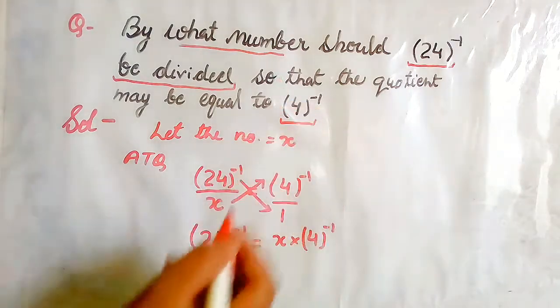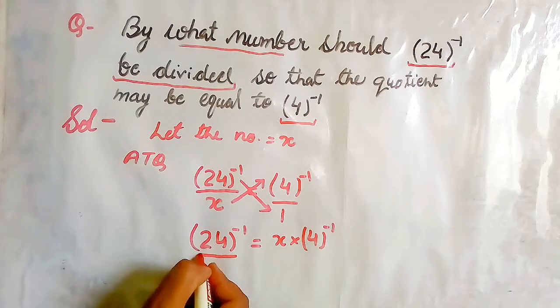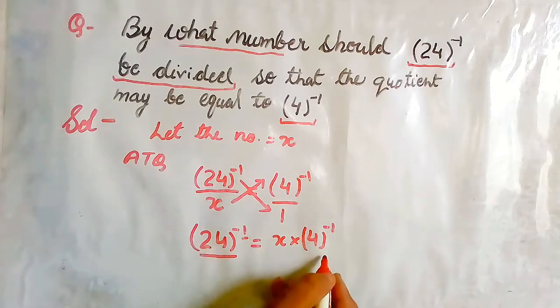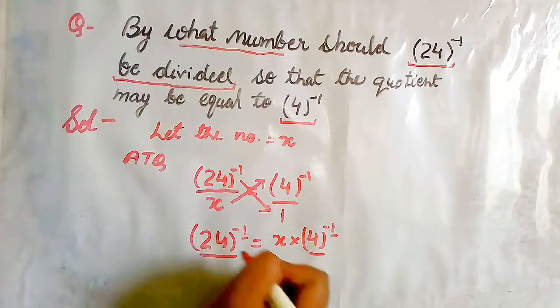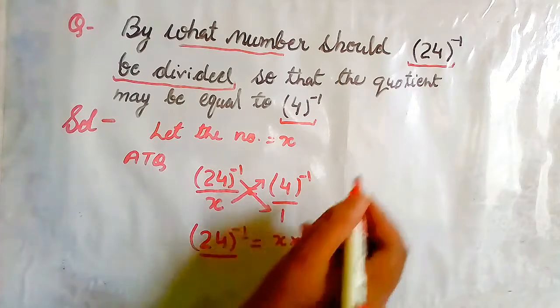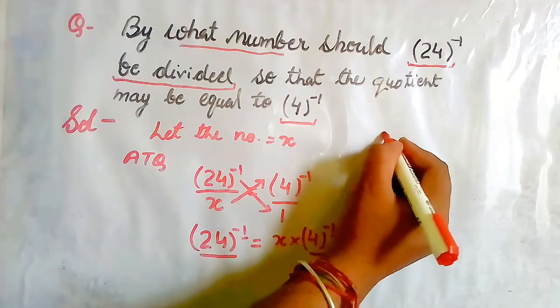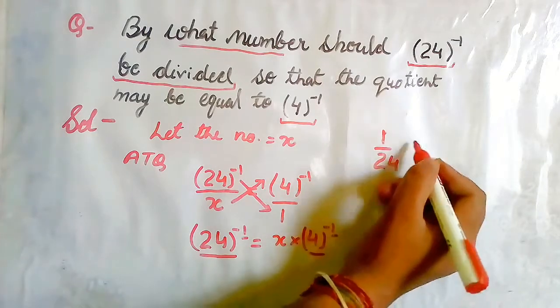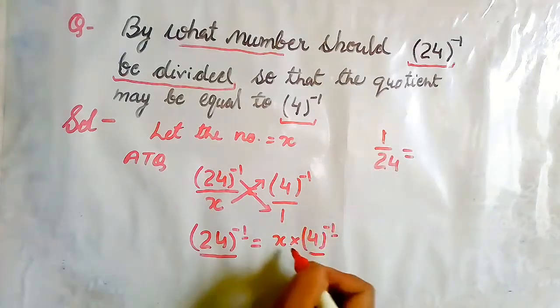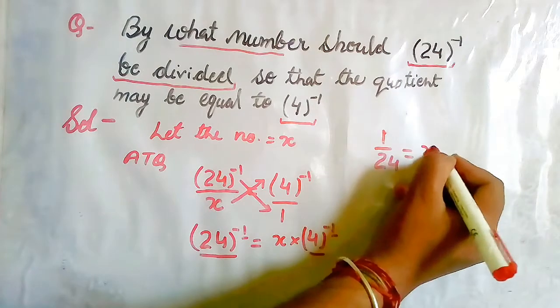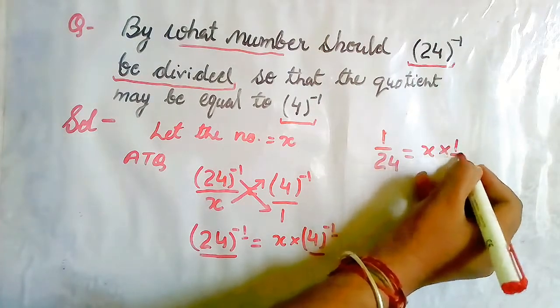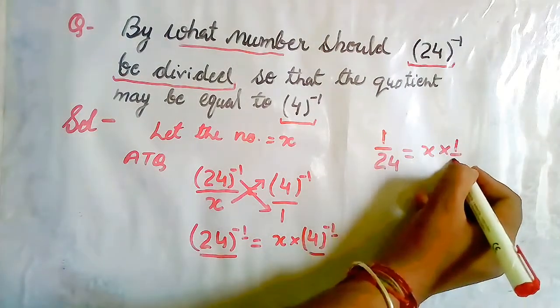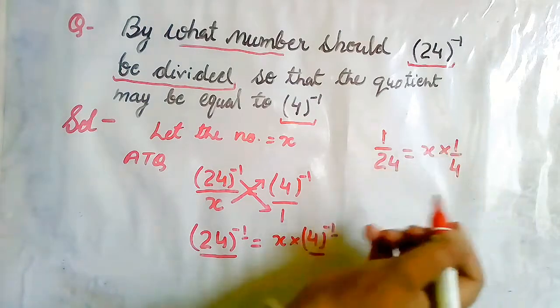Now raised to power minus 1 is there, means inverse is there. Inverse means reciprocal. So take the reciprocal of both numbers. 24 inverse means 1/24 will be equals to x multiplied by 4 inverse means 1/4.